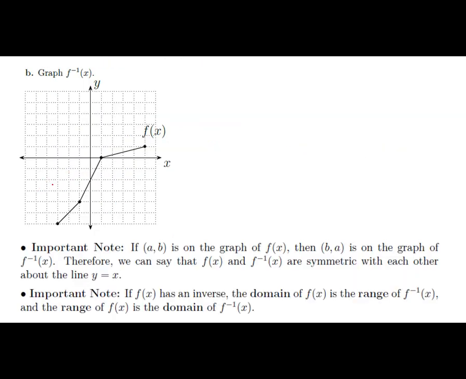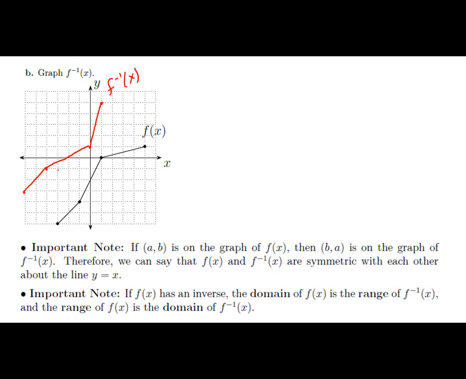All right, so on this next page, let me just go ahead and quickly reproduce the graph from the previous page. All right, so there's our inverse function. And I want to make a couple of observations about this.